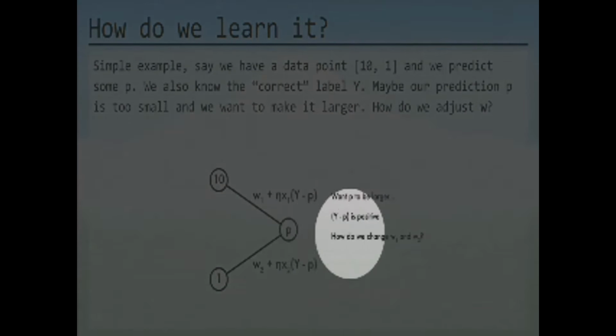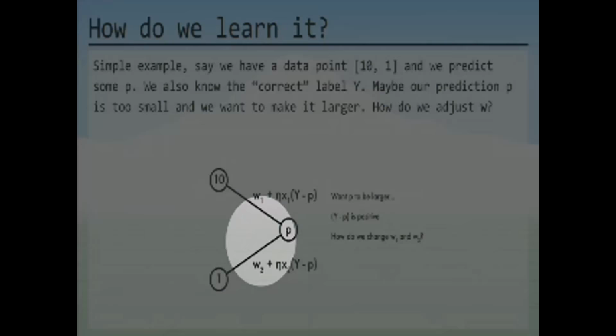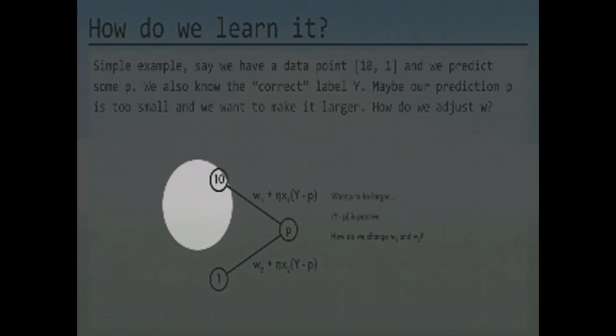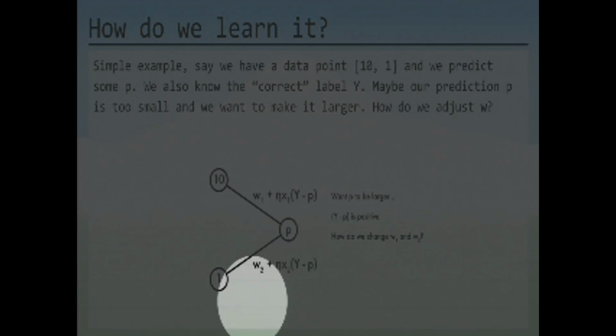So y, which is the correct value for this data point, is larger than what our output p was. We want to figure out how to modify these two values. Well, it's clear that if you want p to be larger, and these two numbers are both positive, and our output p is just some linear combination of them, we want to increase the weights along both of these edges.